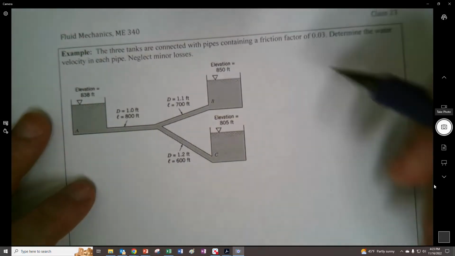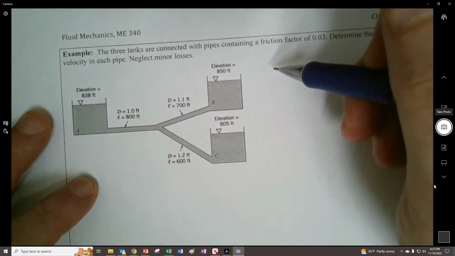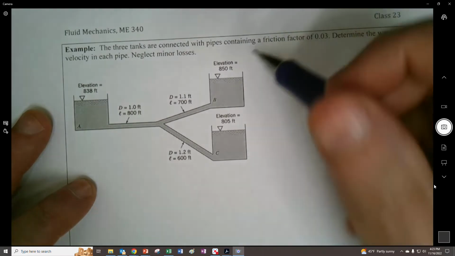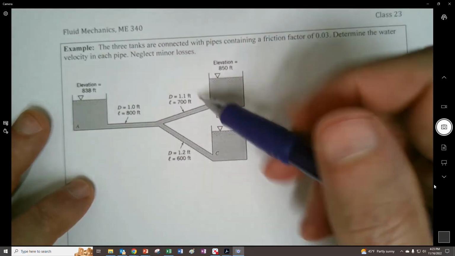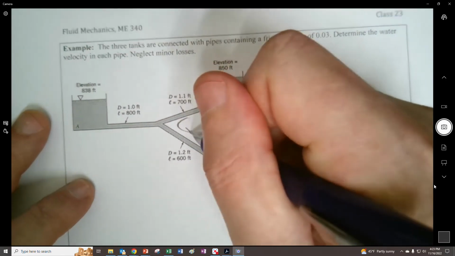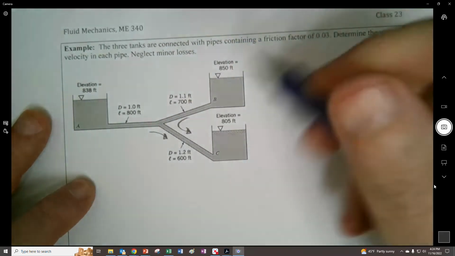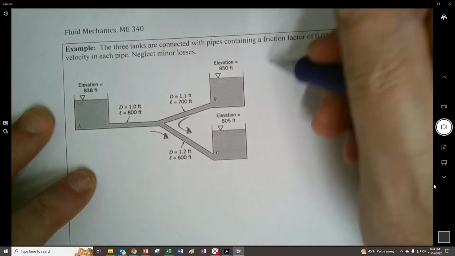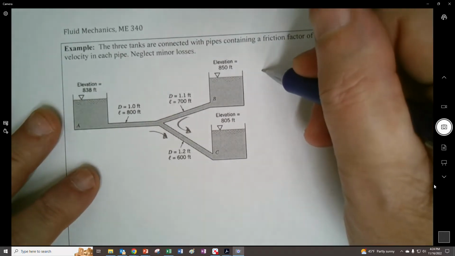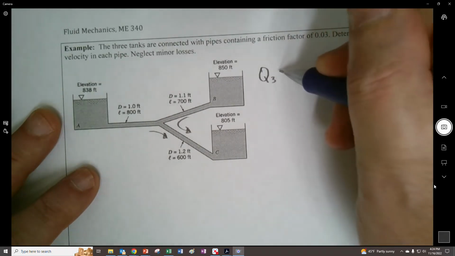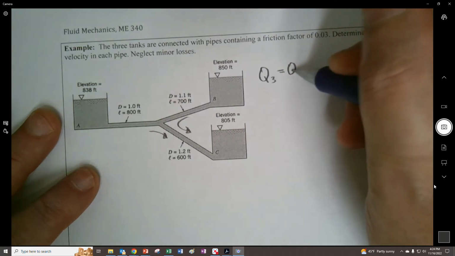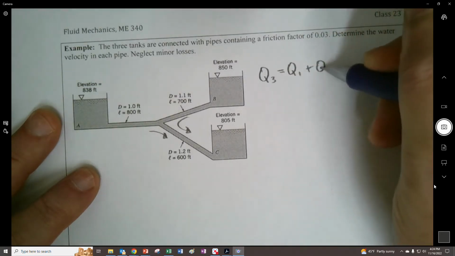All right, so I'm going to go ahead and assume that they're going to go this way and that way. That's the assumption we're making. I think I'm going to switch to Q's. So I'm going to say that Q3 is equal to Q1 plus Q2.